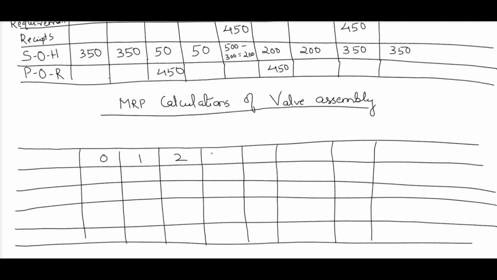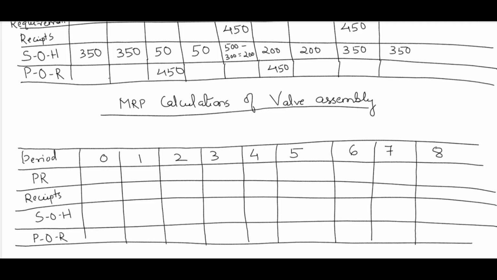Zero, 1, 2, 3, 4, 5, 6, 7. Now it is 8th period. This is period. Projected requirements, I am writing PR, that is the demand. Projected requirement is our demand. Then it is our receipts. Then it is stock on hand. Then planned order release.